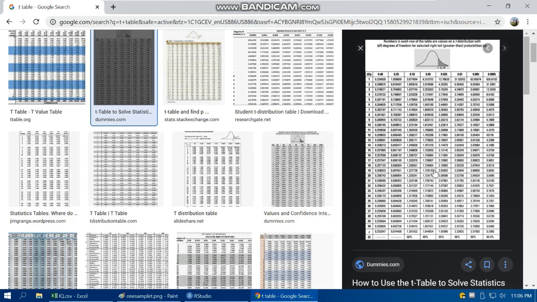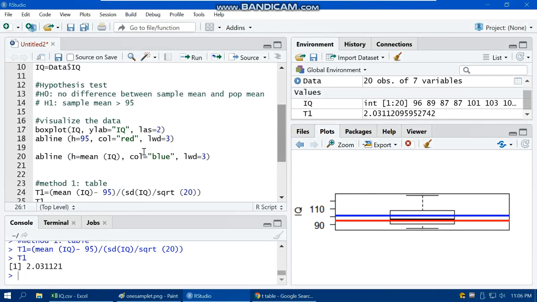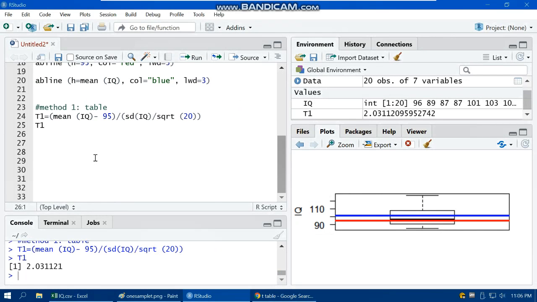So the intersection of these two gives us the critical value, which is 1.72. Okay, so the critical value is 1.72. So our t-test is 2.03.